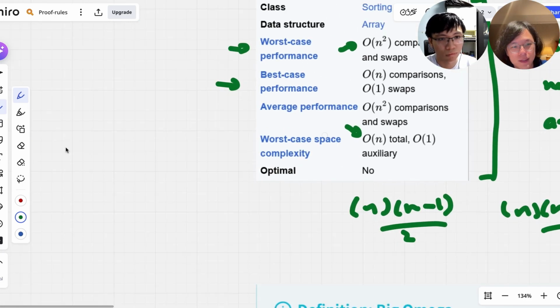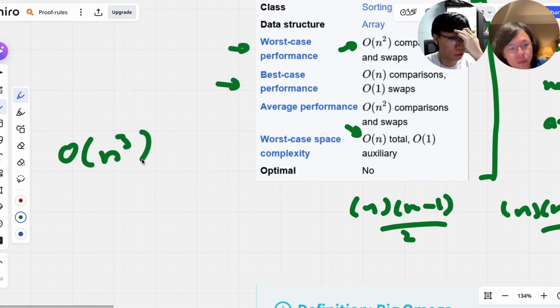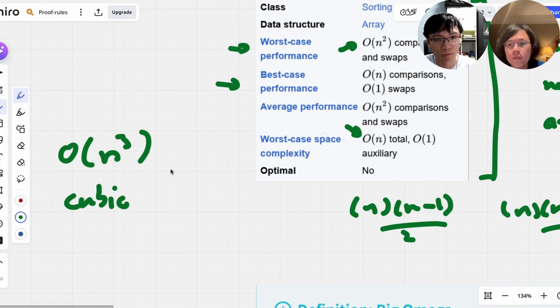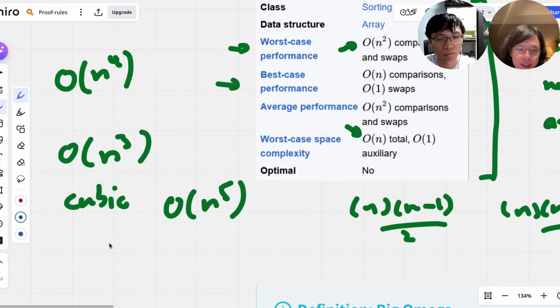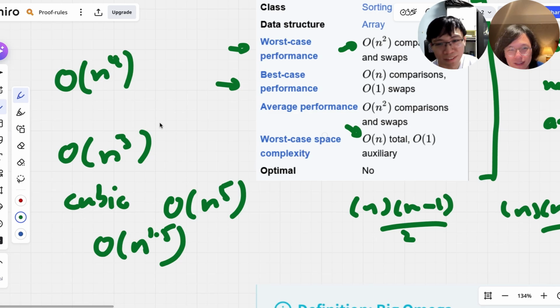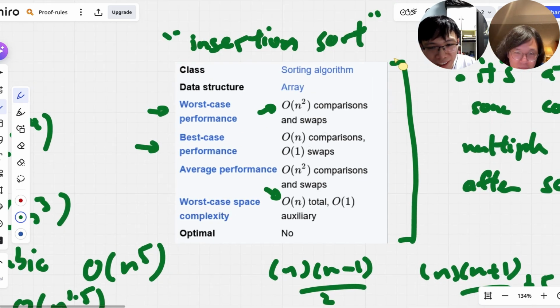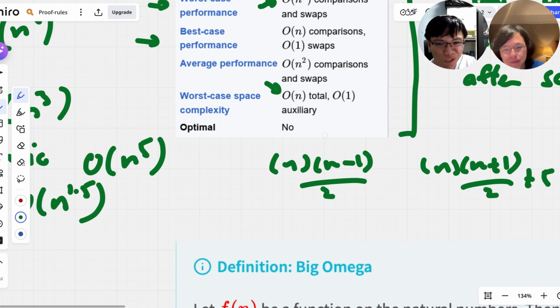You can imagine if it's O(n cubed), then this has a cubic relationship, and so on and so forth. I don't even know what the names are for n to the power of 4, n to the power of 5, or n to the power of 1.5 and all these things. But this is what we use, right? So this is Big O.